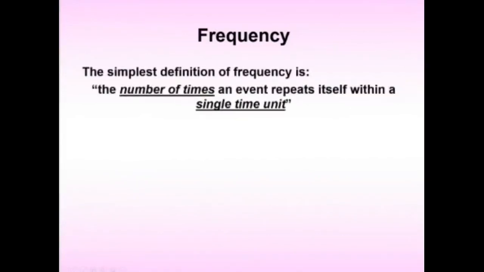Frequency. Question, everyone. When something is frequent, what does that mean? Happens what? Regularly. A little or a lot? Thank you. So frequency is the number of times something happens, but it's important, within 1 time unit.